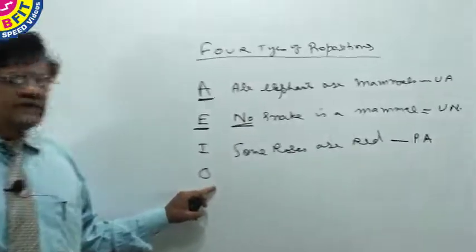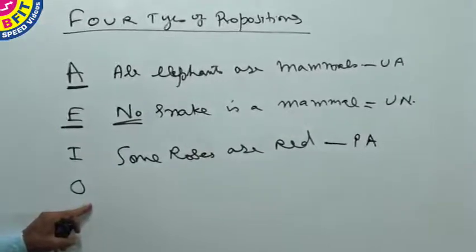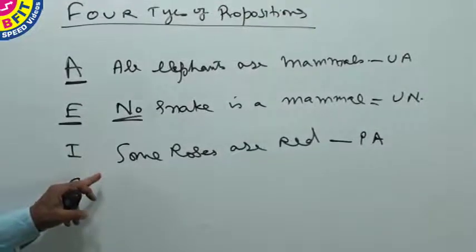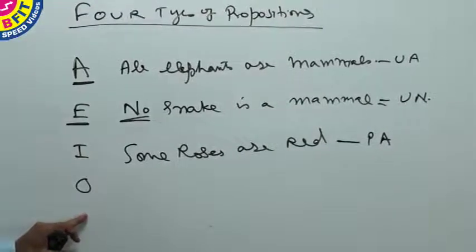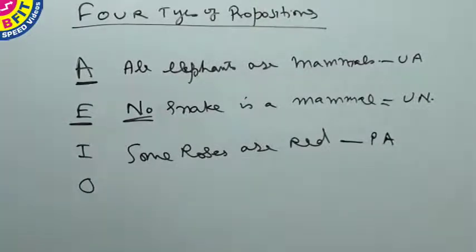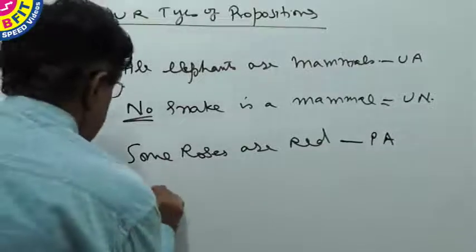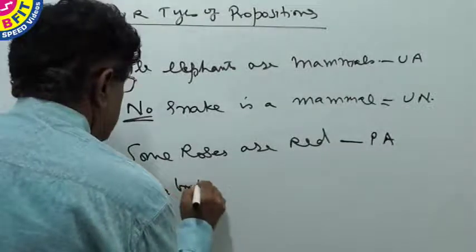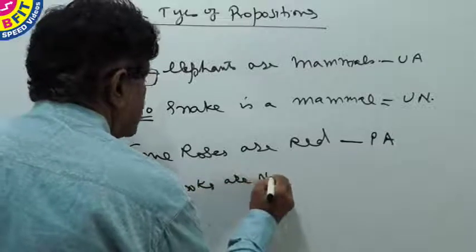Then, the next type of statement is called O-type of statement. Now, by now, you must have come to the conclusion, what should be the O? O is some roses are not red. Some books are not studied.